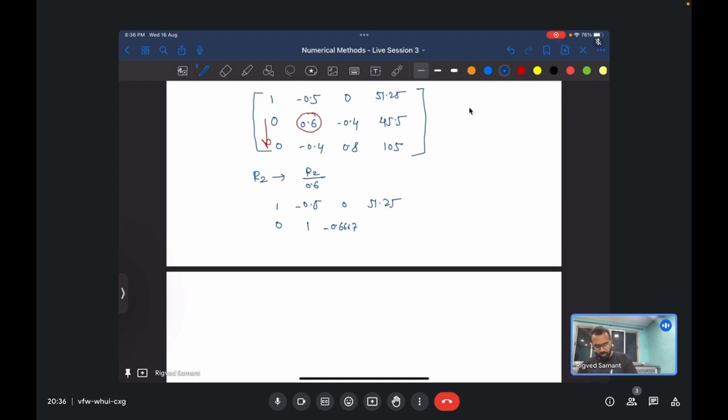And this one would be 45.5 divided by 0.6. The third row is 0, minus 0.4, 0.8, 105.